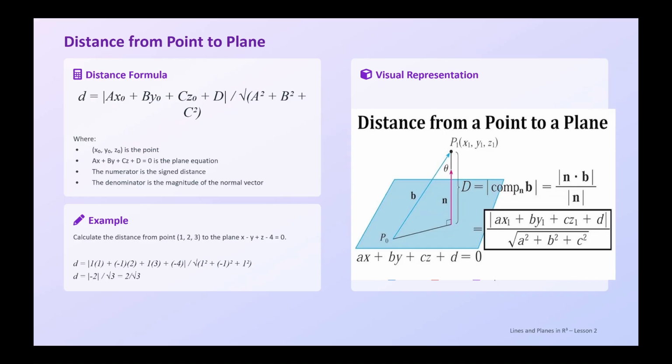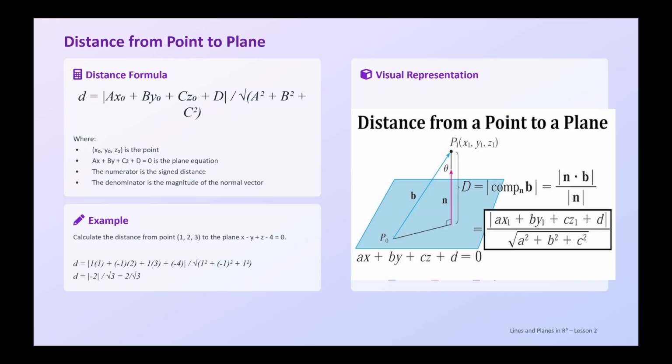So, now let us talk about distance. The distance from a point to a plane is given by a formula. It looks like this when we read it: the absolute value of a times x naught plus b times y naught plus c times z naught plus d, divided by the square root of a squared plus b squared plus c squared.